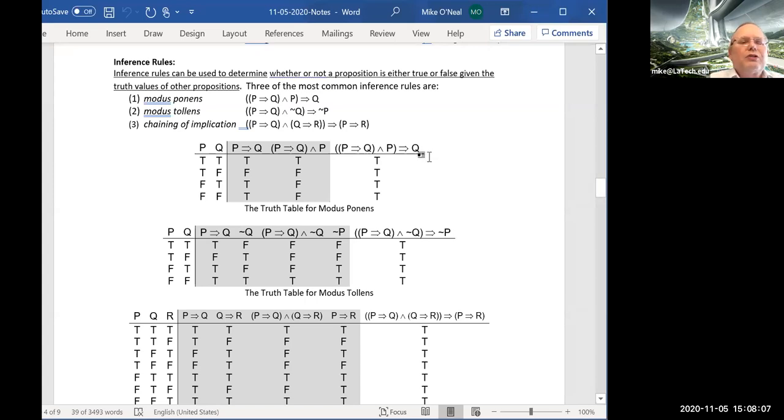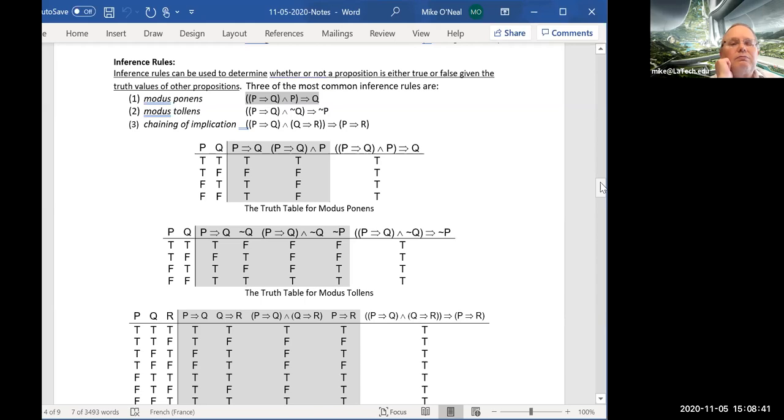So let's look at modus ponens. Modus ponens is probably the simplest thing. Even a baby can do it. And it's kind of one of the first things we learn to do when we reason, okay? Modus ponens is saying that if I tell you, and you believe, that if P implies Q, that if statement, is true, and you believe that P is true, you can conclude that Q is true.